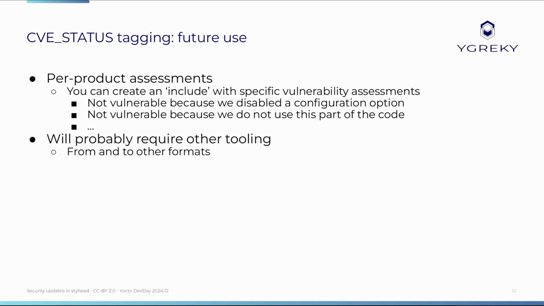If you have some specific assessments for your product, you can say, for example, that in your product, this package is not vulnerable to this issue because we have disabled a configuration option that enables the vulnerable component.